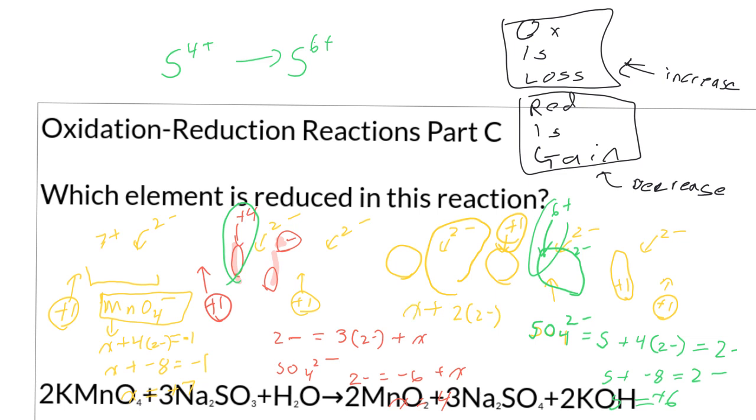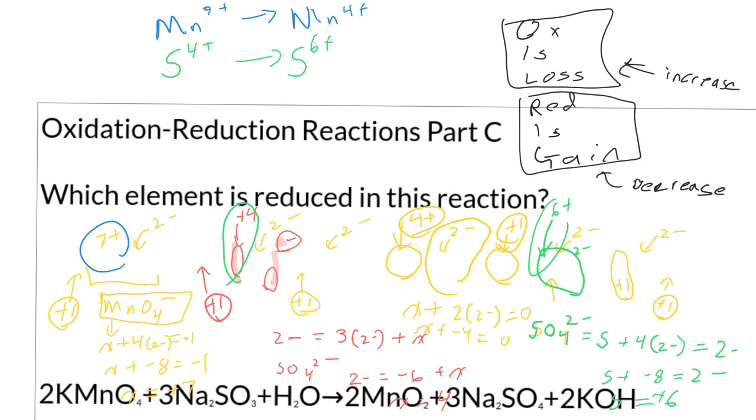So we've got X plus 2 times -2 has to equal 0. So X plus -4 has to equal 0. So X has to be 4+. So we have manganese going from 7+ over on this side of the equation to 4+ over on this side of the equation.